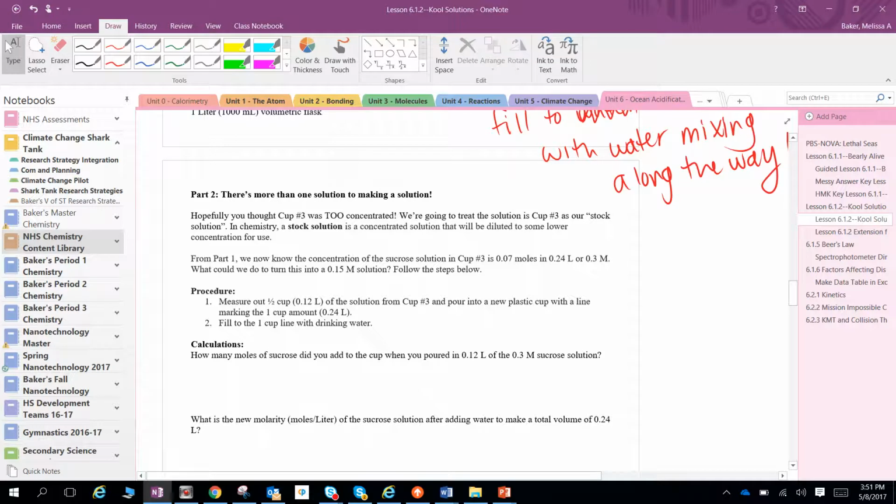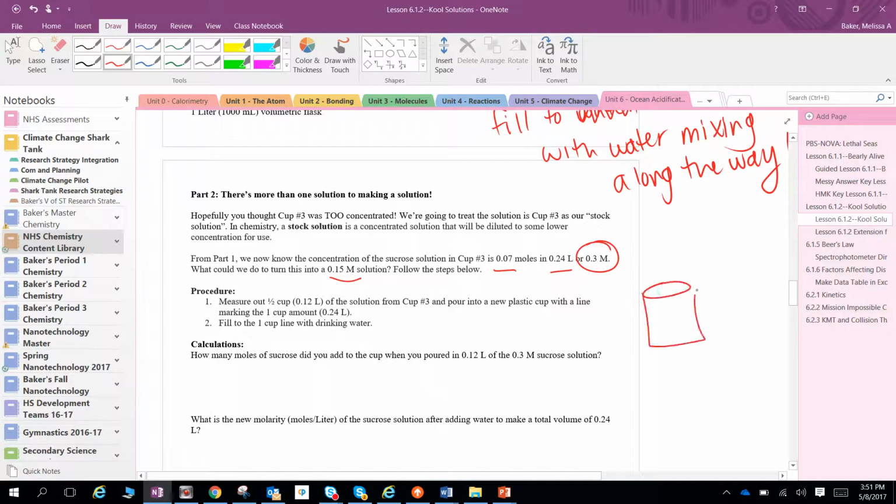So we knew that cup number 3 was 0.07 moles in a 0.24 liter solution, and that molarity is 0.3. So how could we use that solution but basically cut that concentration in half and make it 0.15 moles per liter?